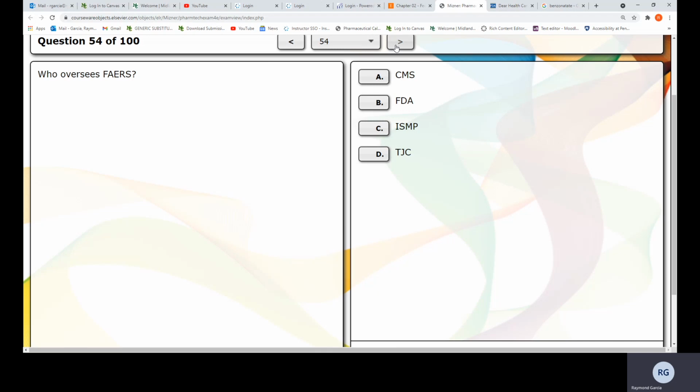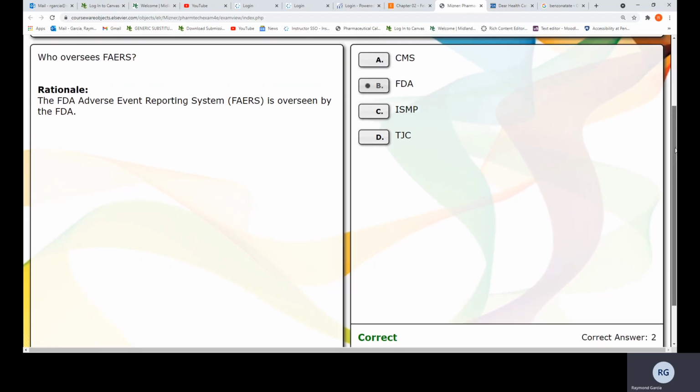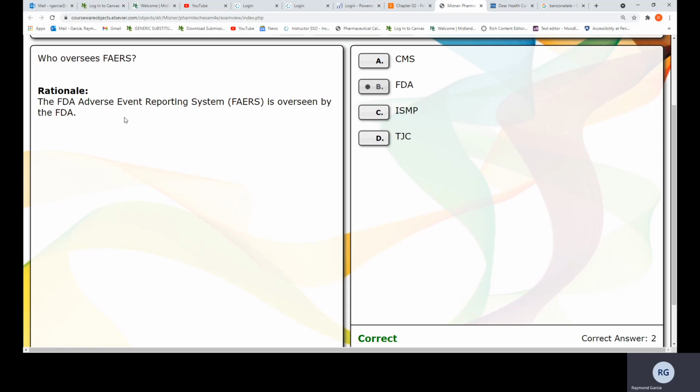Bayers is, I know it's a medication error. Yeah, it's the FDA Adverse Event Reporting System. So let me see. It's actually the FDA adverse event reporting system is overseen by FDA. So they've got Bayers and MedWatch.